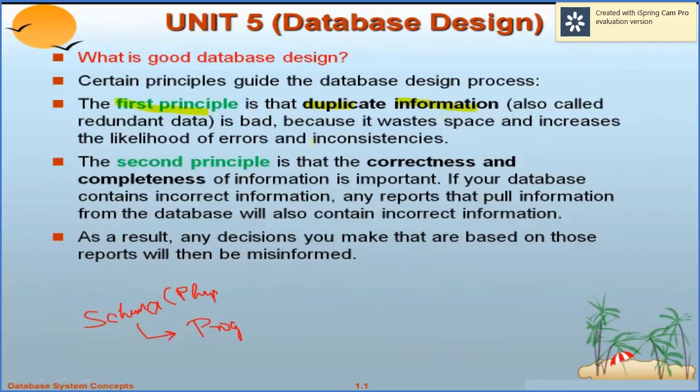And also there might be chances of having some null values, and there won't be any guarantee that whatever output you have received from that particular table carrying duplicate data will be right or wrong. So there are chances of errors. At the same time, this also leads to inconsistency.